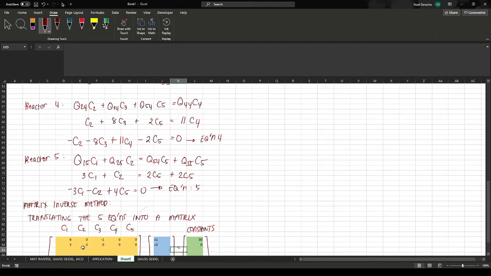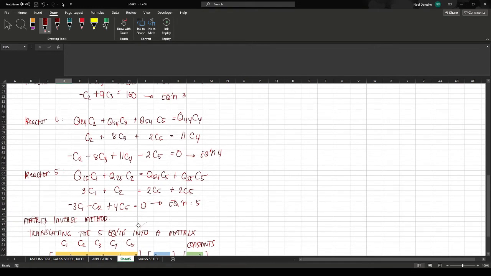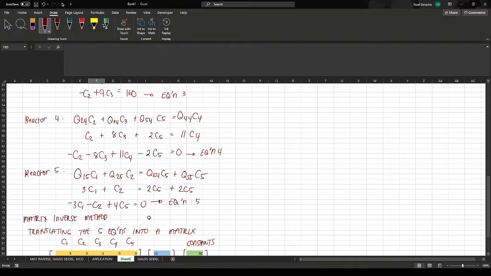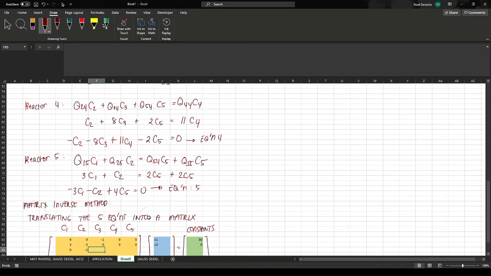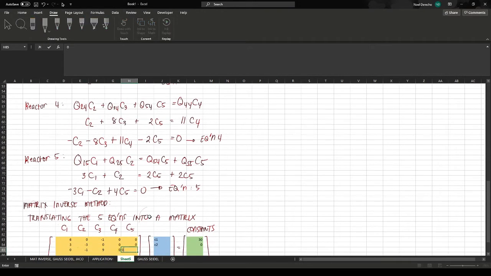0. For equation 3, we have negative C2, so negative 1, then 9C3, then 0, 0, C3, then 160.